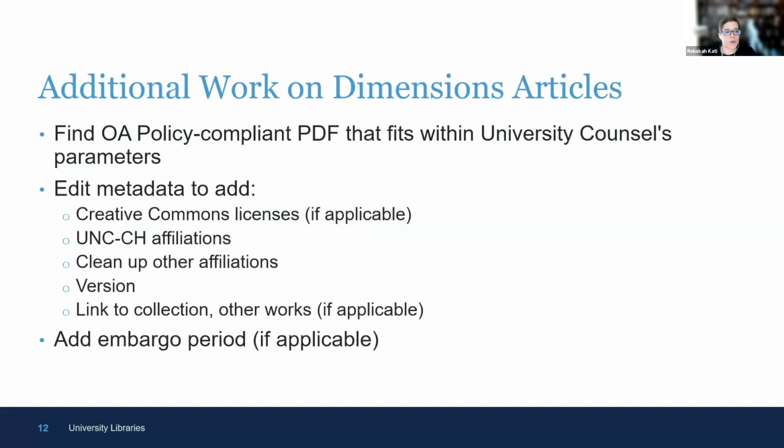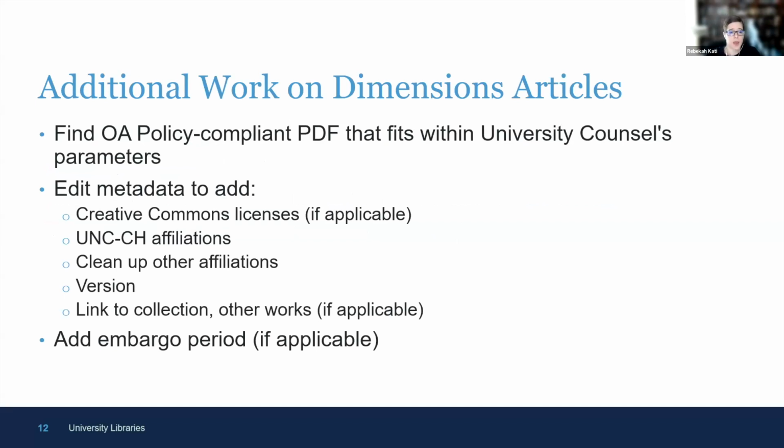So the Dimensions script, as Dave mentioned, imports metadata-only works and works which have a PDF. So sometimes we have to go find the PDF that belongs to a metadata-only work and meets the parameters set by our university councils for the open access policy. We need to edit the metadata to add a few things, including making sure that our affiliations match our department vocabulary.